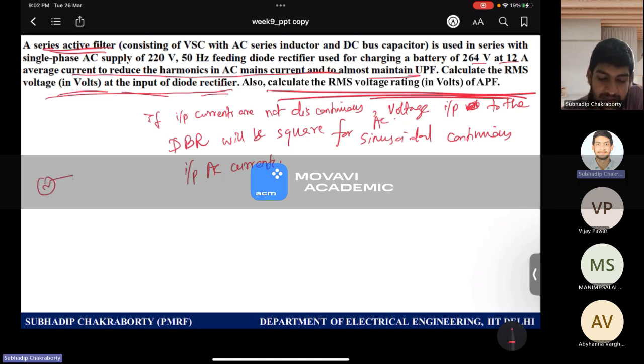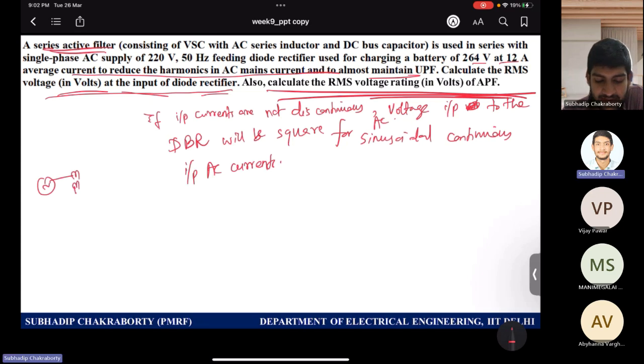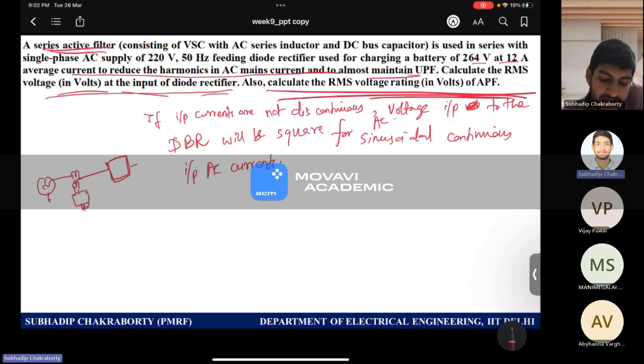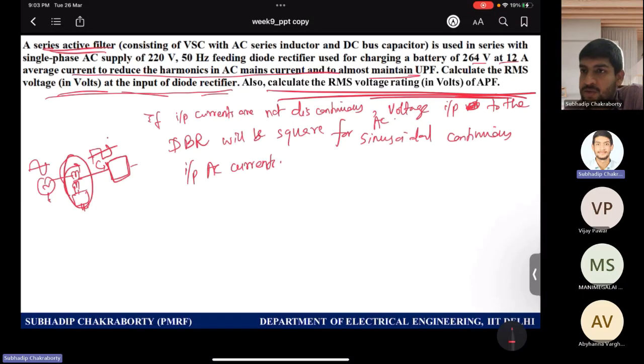It sits between the supply like this and the loads are connected. This load is what we are talking about. This is a single line equivalent. It needs to inject the difference between the two voltages, the sinusoidal voltage and the square wave voltage, that is at the input of the DBR, the AC input voltage. So if it injects the difference between the two, then we can maintain sinusoidal currents, right?